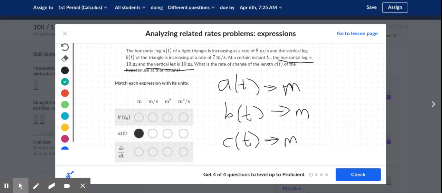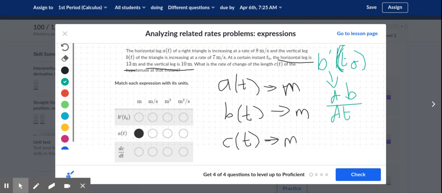But now they're talking about B prime. So B prime of t sub 0. Well, B prime I can rewrite as dB over dt.